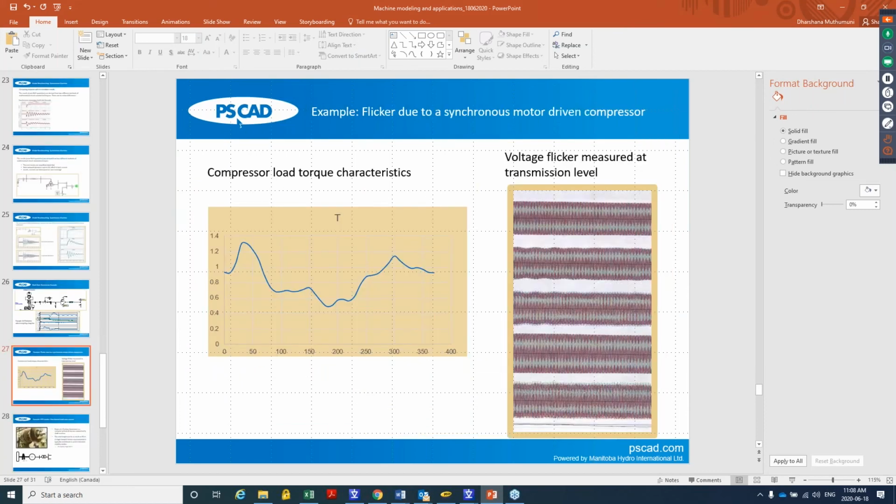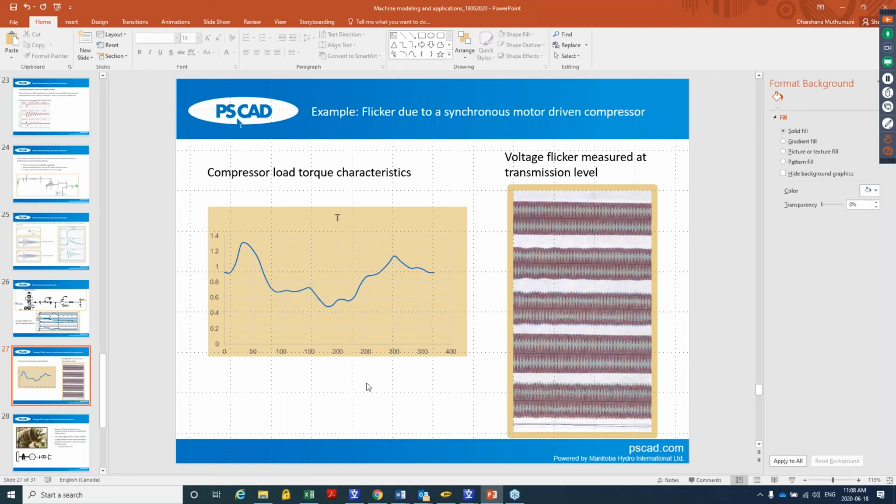Number 3 example is again a study we did some years ago at an industrial location where there were very large compressors, I can't remember the exact rating, a few megawatts, at a steel mill or whatever.